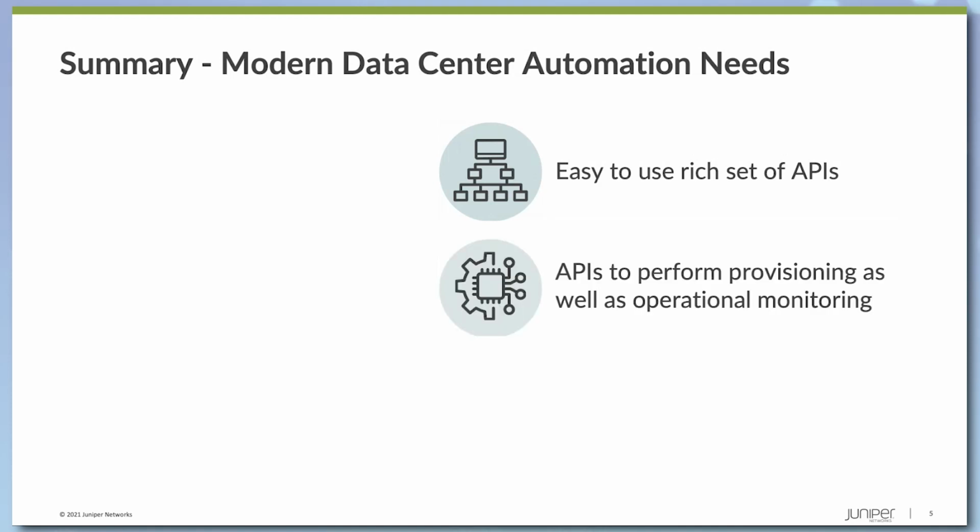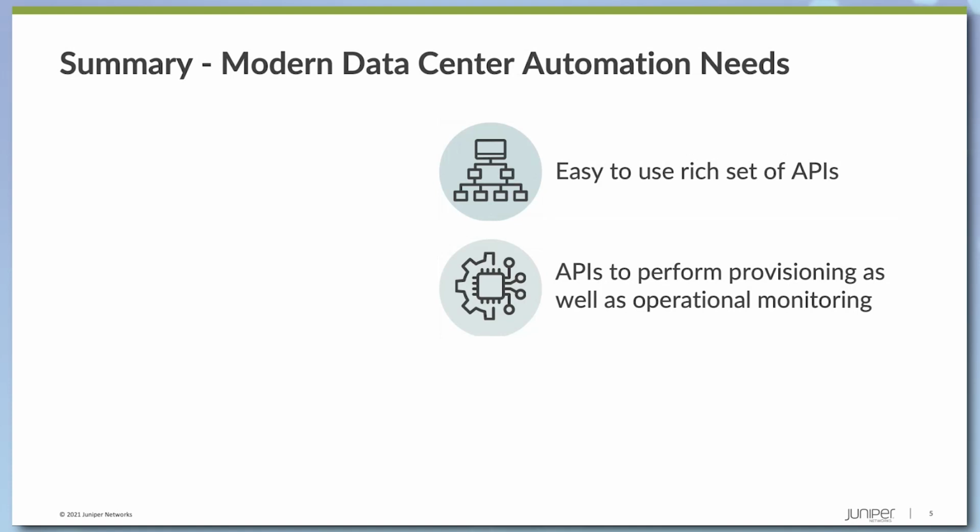And not only do you need APIs for performing your day one provisioning, it can also help you with your day two and day two plus operations, where you spend a lot of time. It's equally important to have APIs that do that, right?